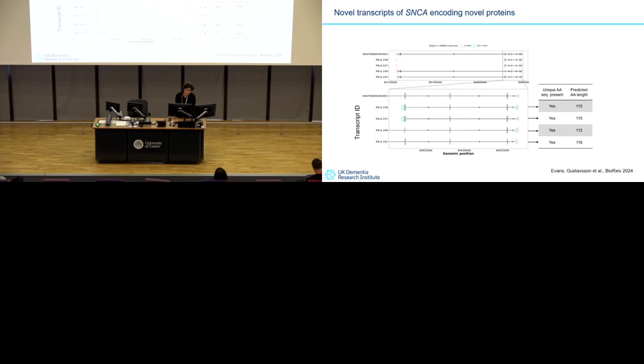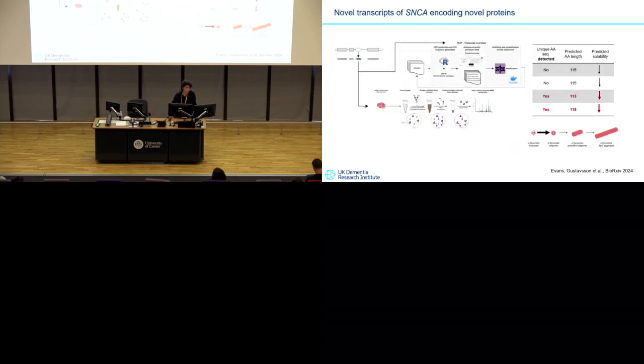But you do have these predictions of shorter isoforms of synuclein, that might be 113 or 118 amino acids long, and they have unique peptide sequences within them. So they're not just truncated forms, but they have unique runs of amino acids.